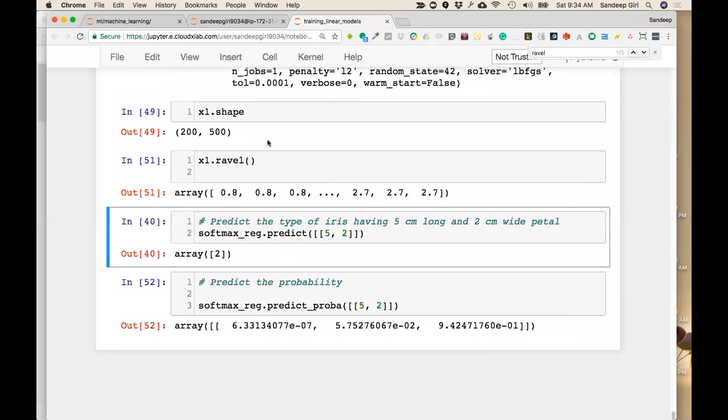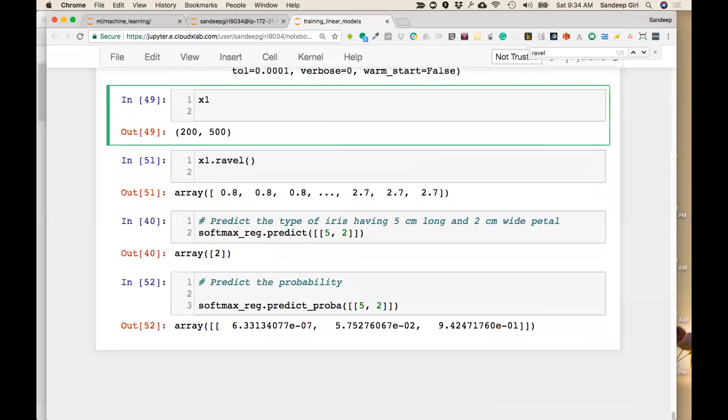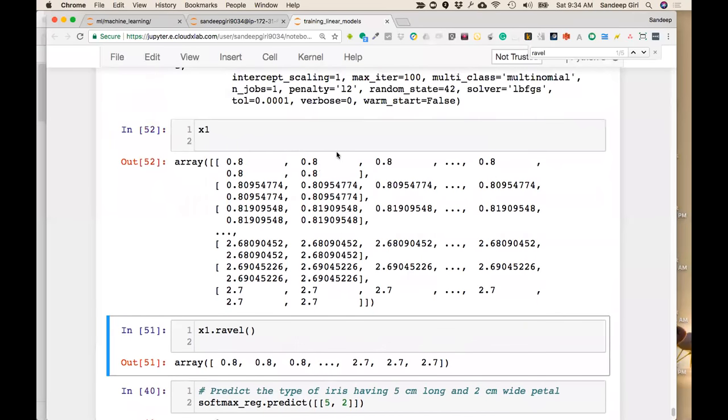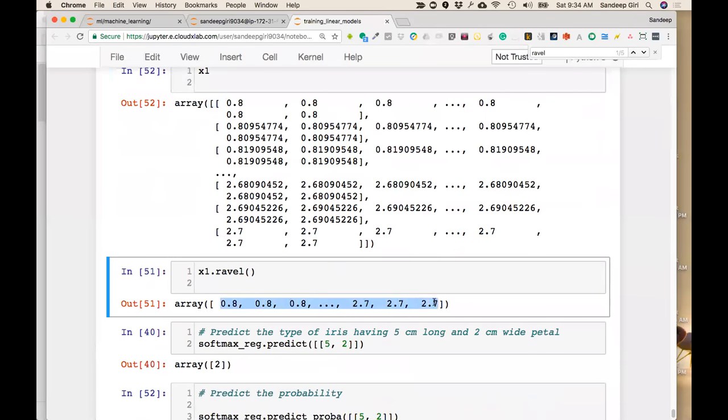Okay, so you can see the shape. I think this is better. Just take a look. You can see x1 is two-dimensional and x1 dot revel is one-dimensional. So it converts the two-dimensional array into one-dimensional. That's what we were discussing.